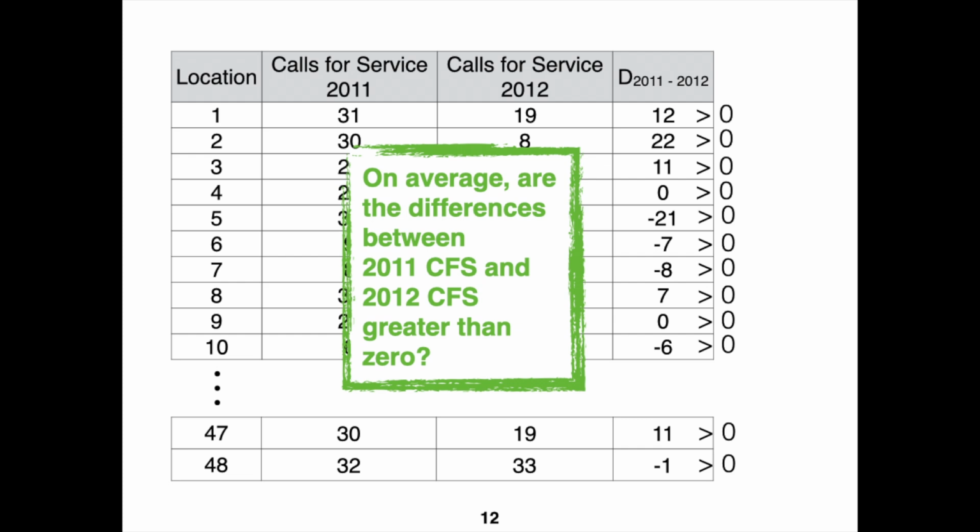Remember, if you look at all these differences, if it's a positive number, that means the number of calls for service were bigger in the past than they were in 2012. So what I'm interested in is, on average, are these differences bigger than 0? Were there more calls for service in 2011 than in 2012?